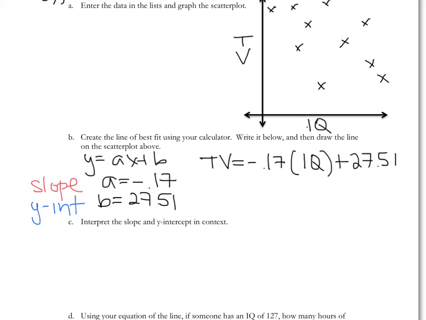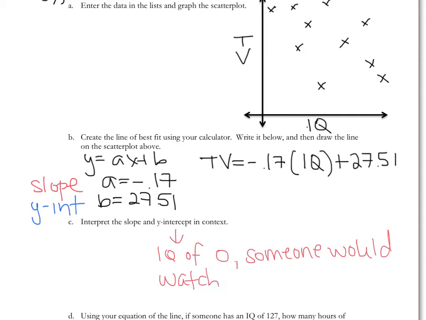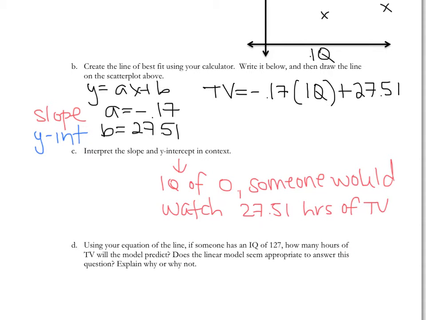So that means for an IQ of 0, someone would watch 27.5 hours of TV. That seems like a lot. Really, I just plugged that 0 in here to figure out what TV would be.